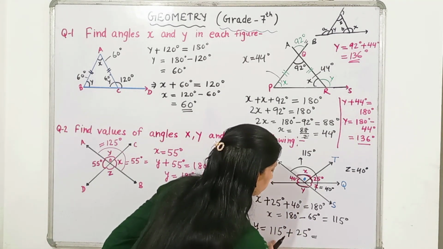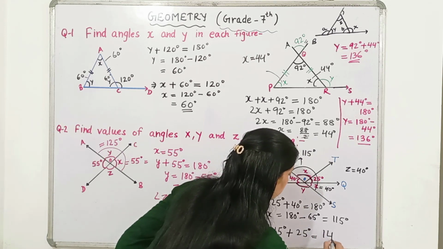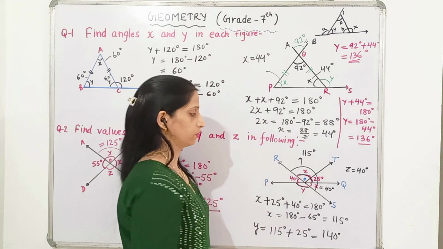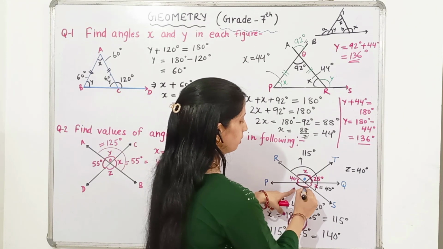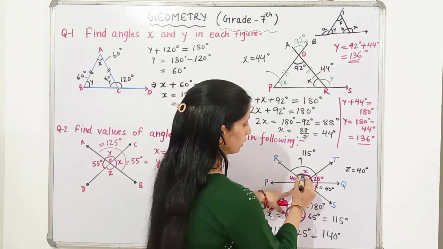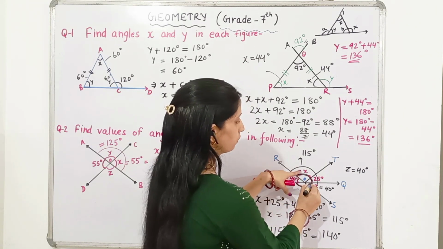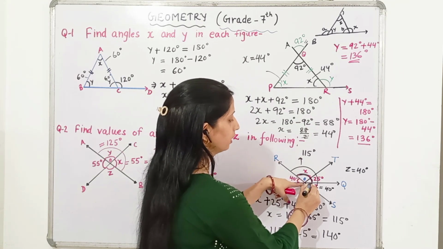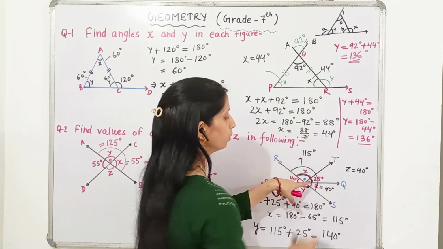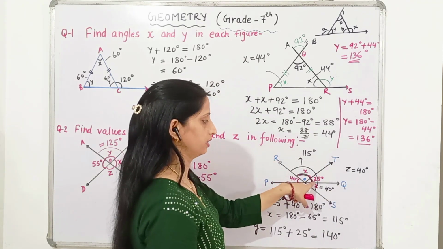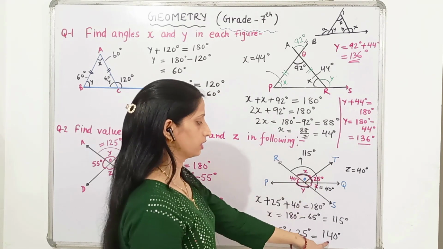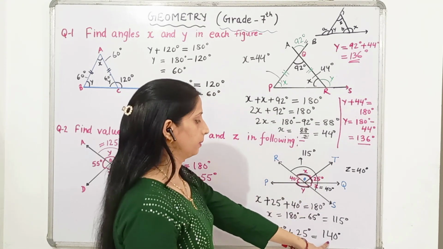So this will be equal to 140 degrees, because this y will be equal to this x plus 25. x we already found to be 115 degrees, and angle TOQ we know is 25 degrees. Okay, so this is 140 degrees.